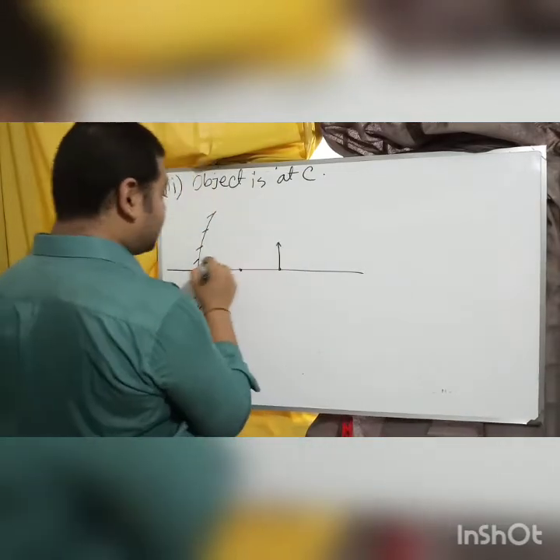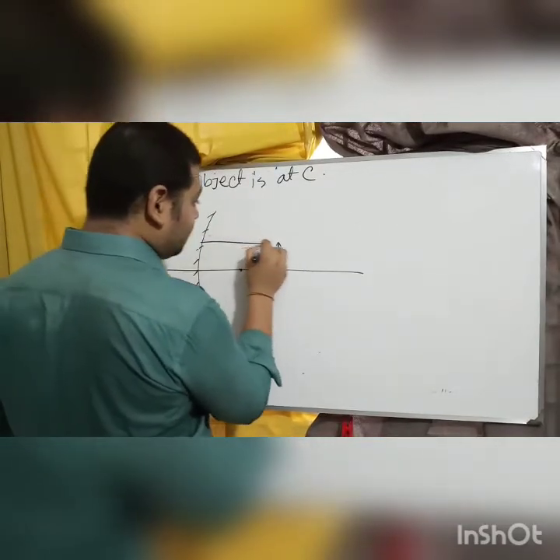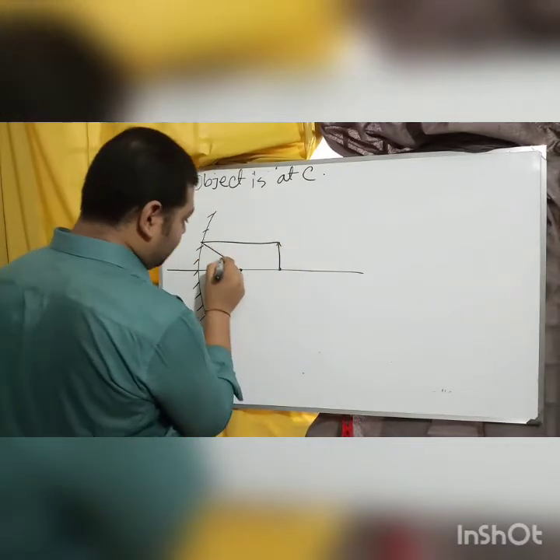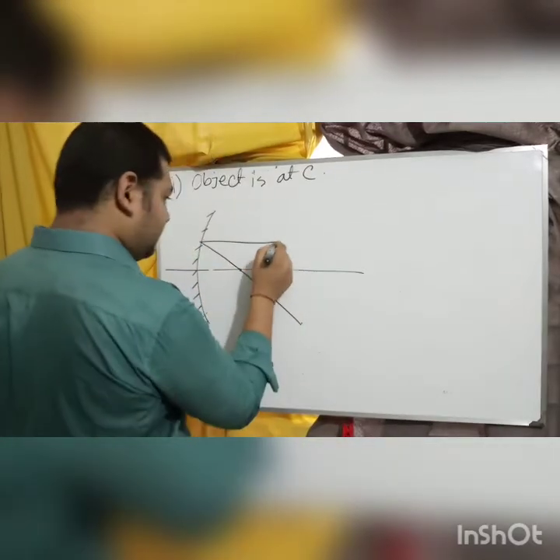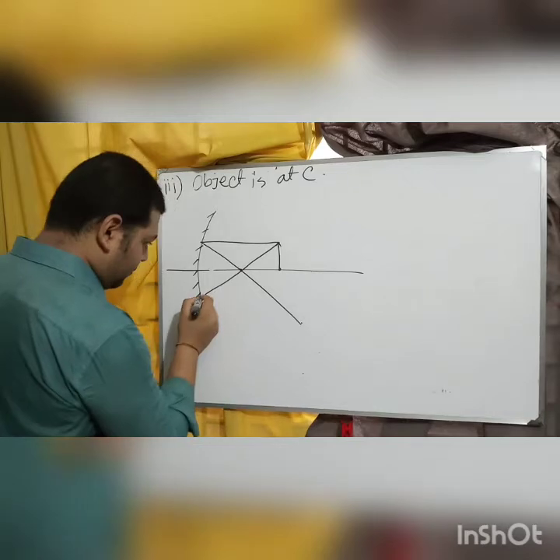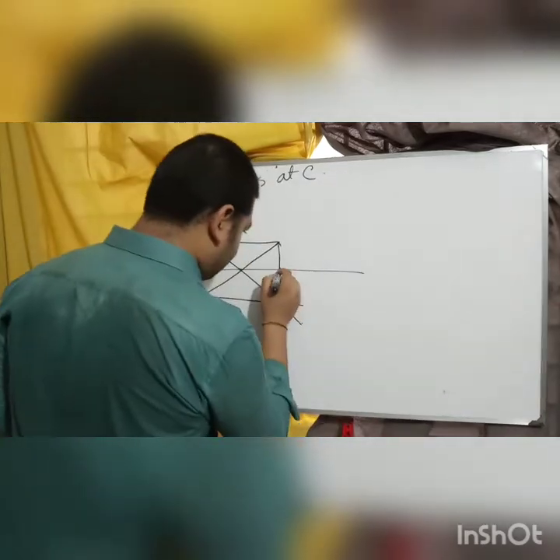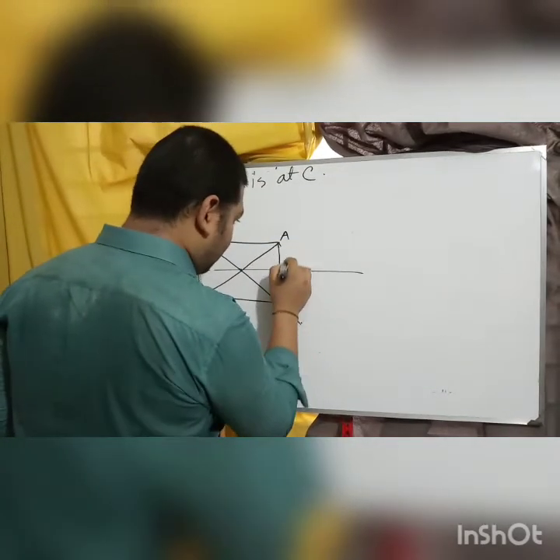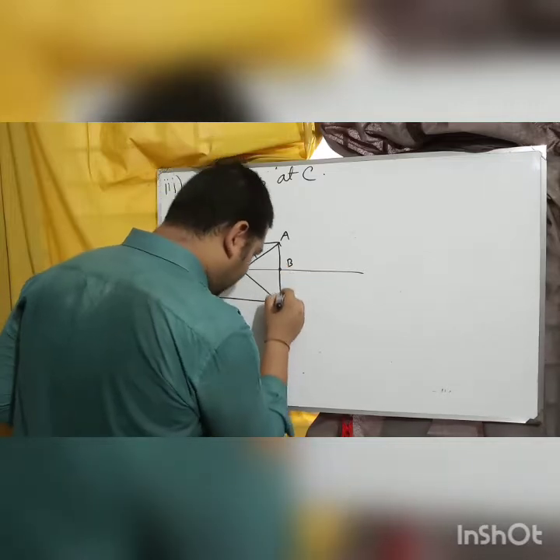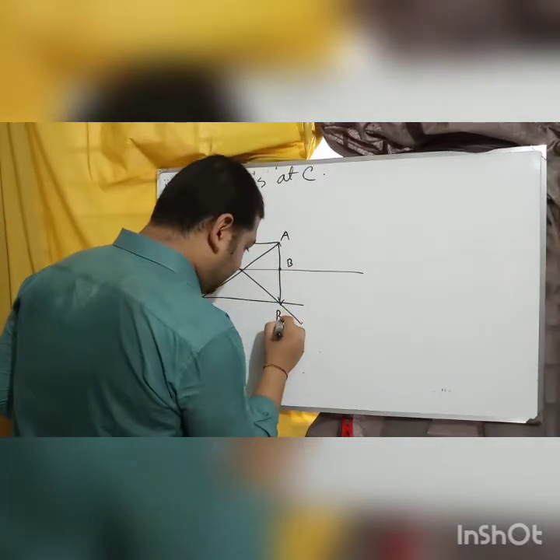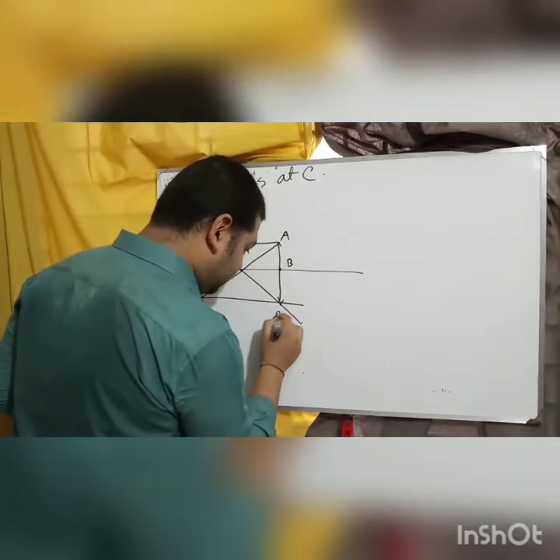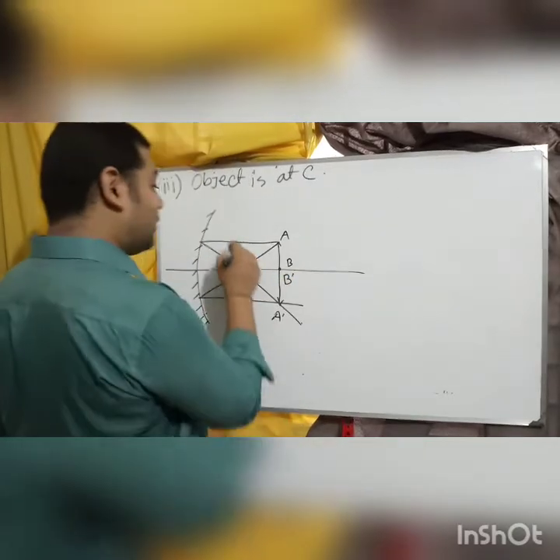AB is our object, and A prime B prime is our image.